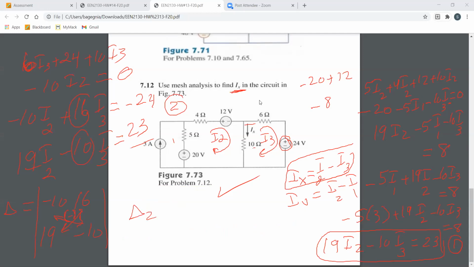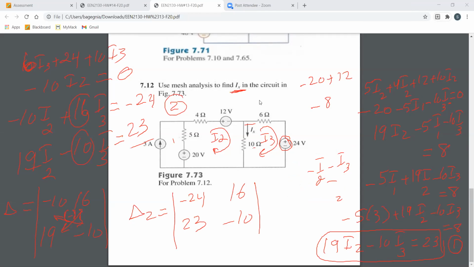And delta 2 will be, again, we'll put the right-hand side first. Then 16, negative 10. And do the same thing for delta 3. The reason I call it delta 2 and delta 3 is because I want to match I2 and I3.